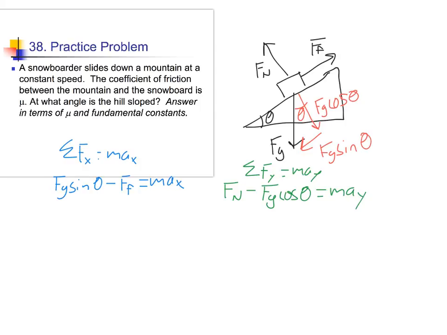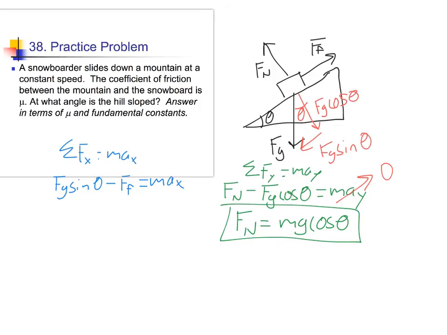Now we know in the y direction we're not accelerating perpendicular to our incline, so we can say that this goes to 0, and my normal force is simply equal to mg cosine of theta. In the x direction, it also happens to be 0, but for a different reason. It tells us that we're sliding down this hill at a constant speed, so that means there is no acceleration in either direction in this case.